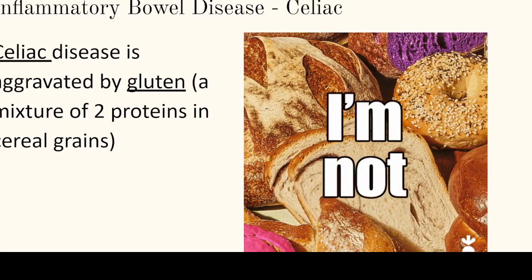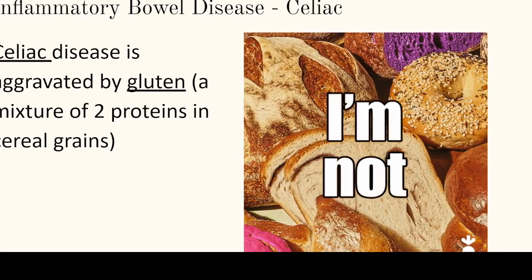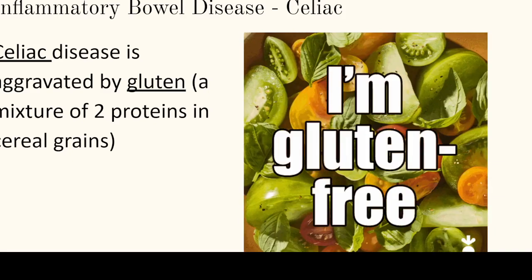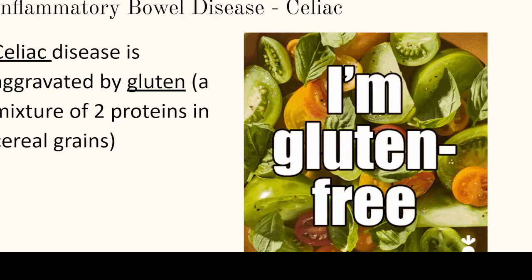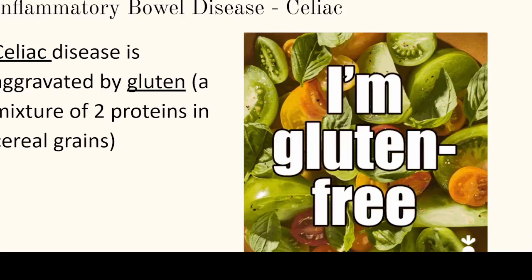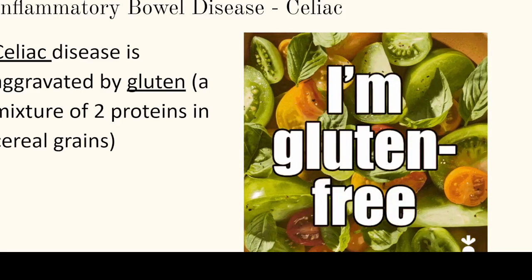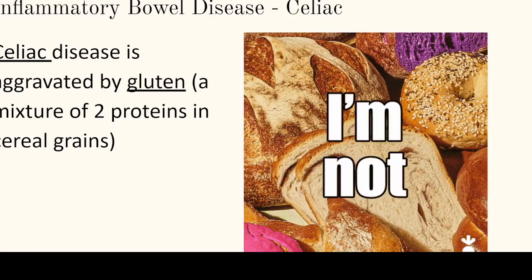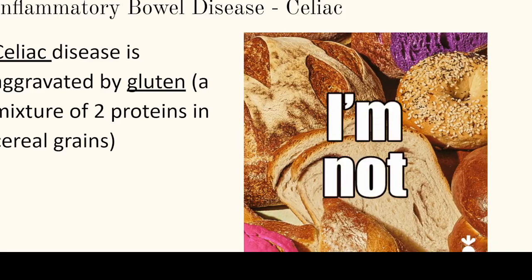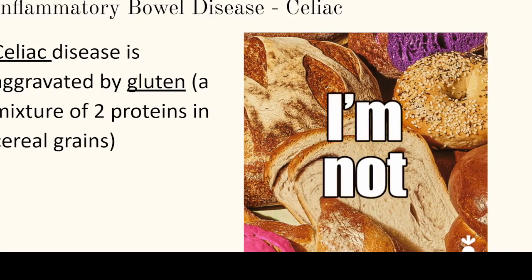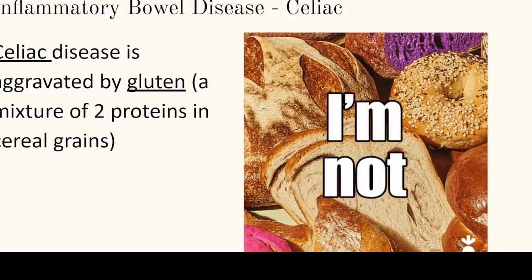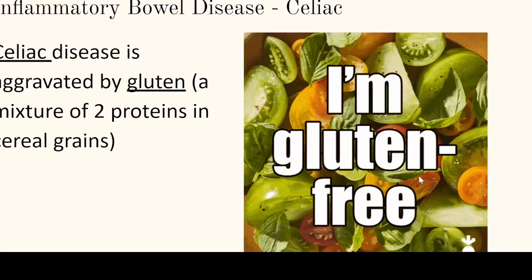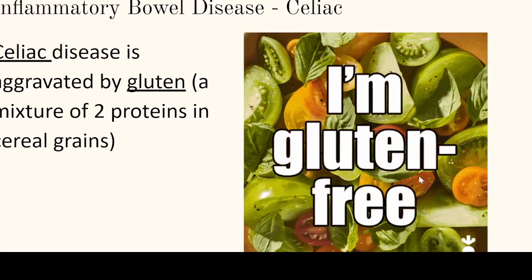Celiac. You've heard of celiac. The gluten-free items on menus are for people that have celiac disease. It's aggravated by gluten. Again, these things that aggravate or cause the problems are not necessarily the initial cause. Celiac disease is aggravated by gluten, a mixture of two proteins in cereal grains. So gluten-free, like breads and wheat-based products, the wheat germ causes problems there.